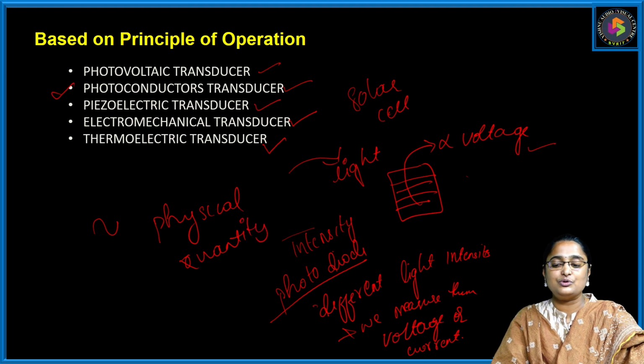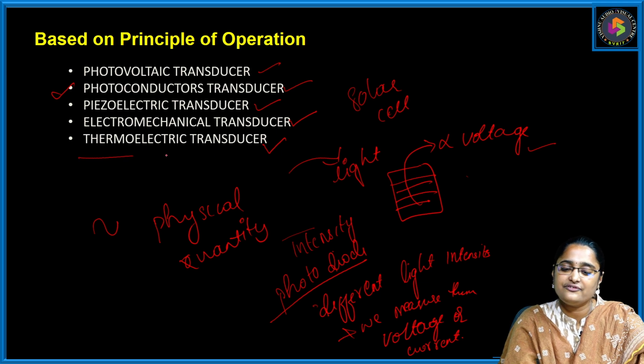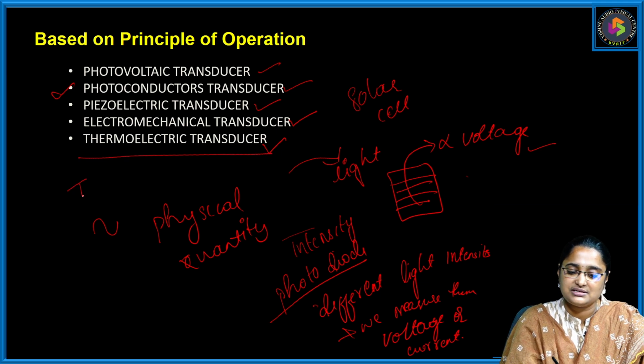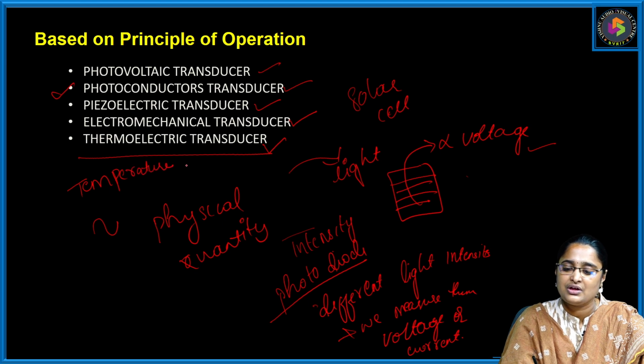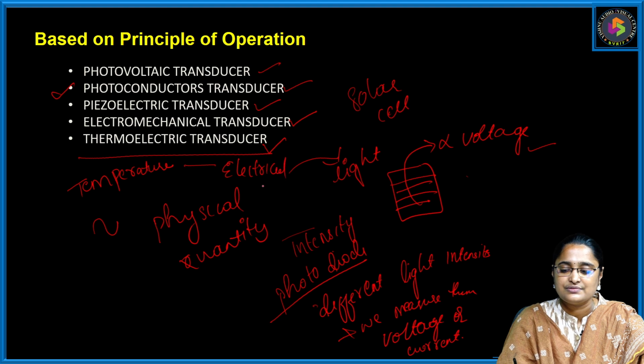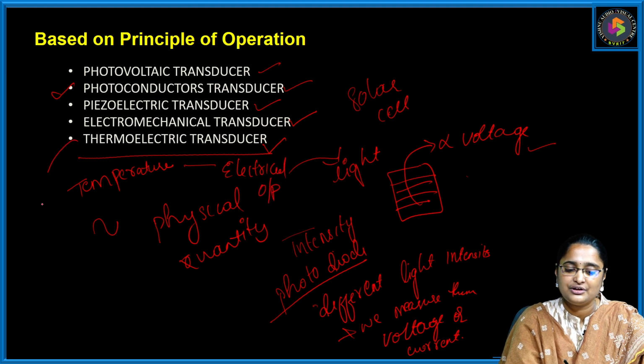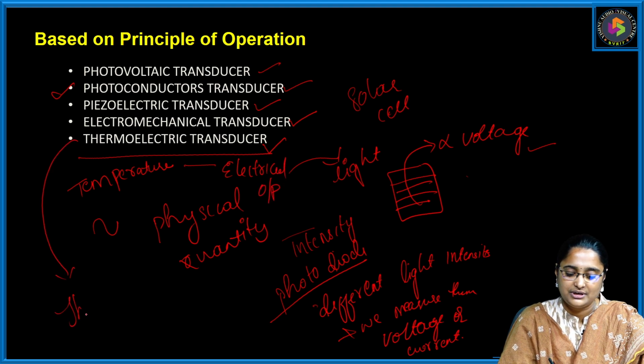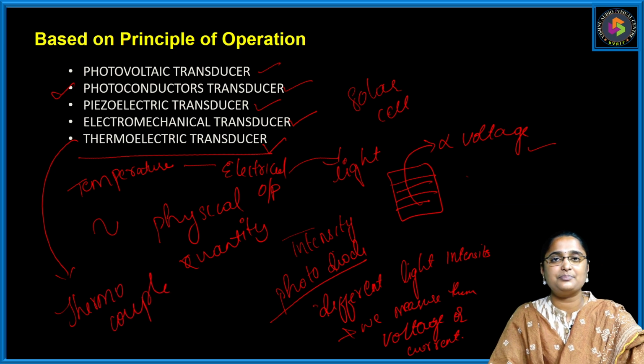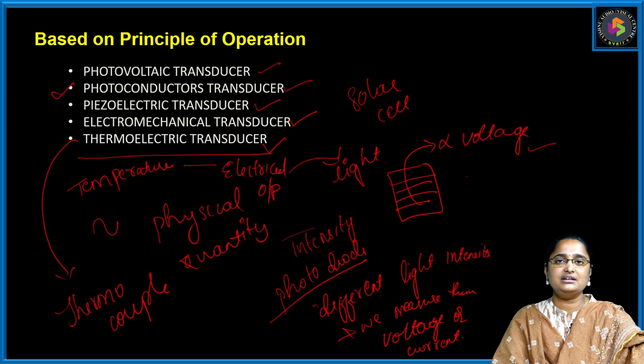Next we have thermoelectric transducers. Thermoelectric transducers are sensitive to temperature. Based on the temperature, you get an electrical output. For example, take a thermocouple. A thermocouple is a temperature-sensitive transducer wherein two dissimilar metals are joined together, forming two junctions.